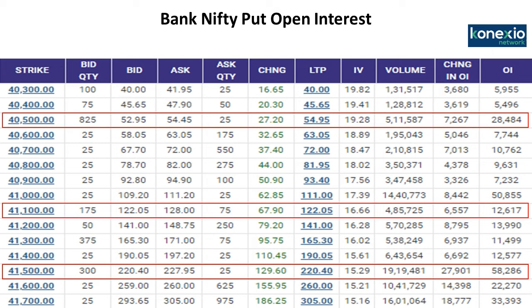So definitely from lower levels, we feel that we might see some sort of short covering bounce coming in, maybe just around 41,500 or just between 41,200 and 41,000. This could be the area where we might see a short covering bounce from the lower levels.